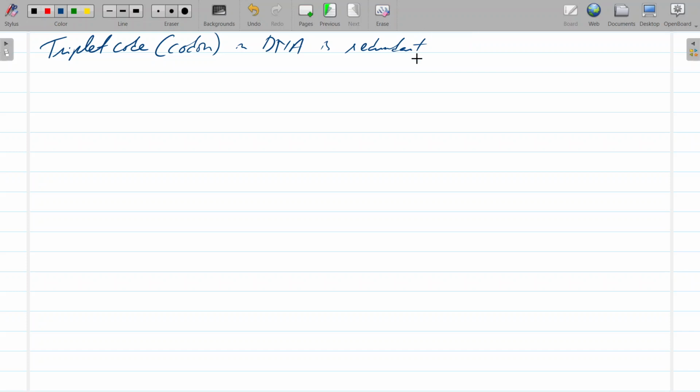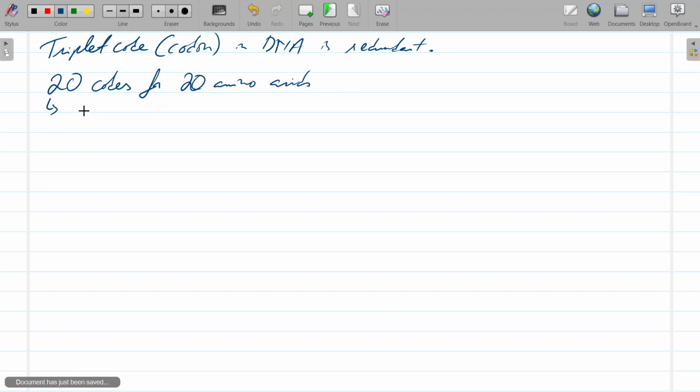So it's called redundant. And the reason for that is when it was studied, you obviously have 20 codes for 20 amino acids, but then you've got some other codes that code for the same amino acids.